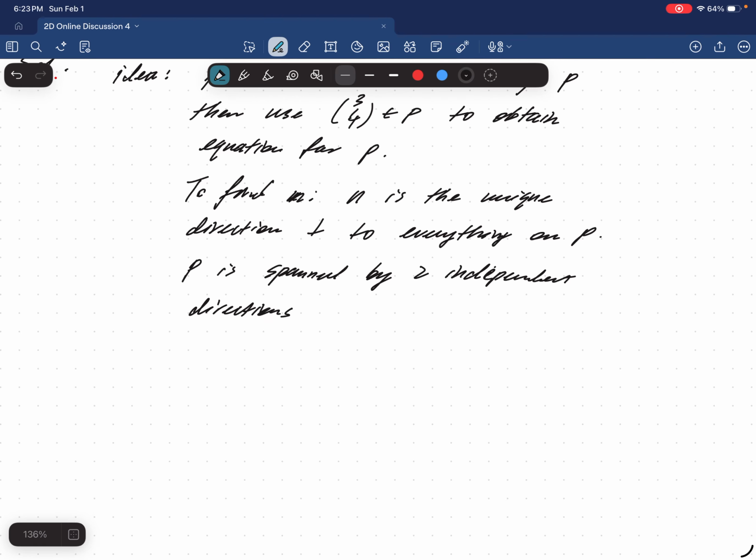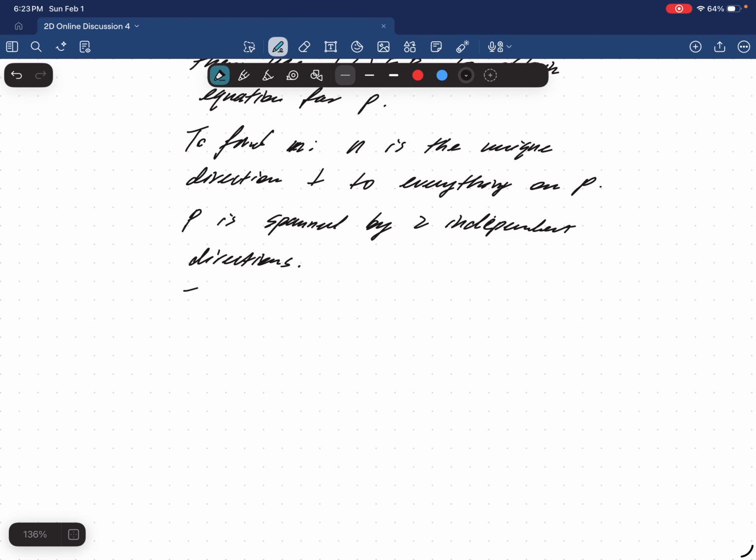When I say independent directions, I mean directions that are not parallel to each other, so they're not scalar multiples of each other. So what I need is two independent directions that are on P.